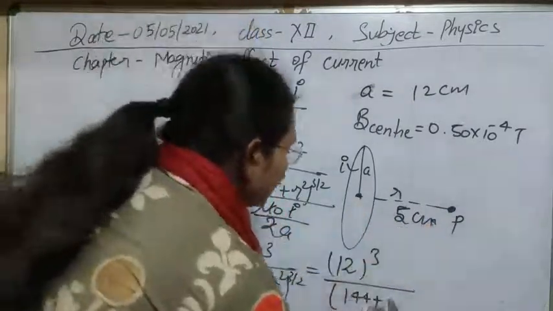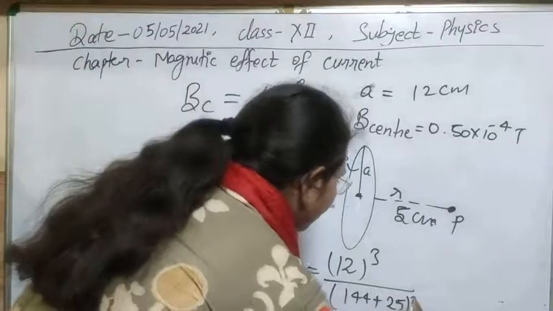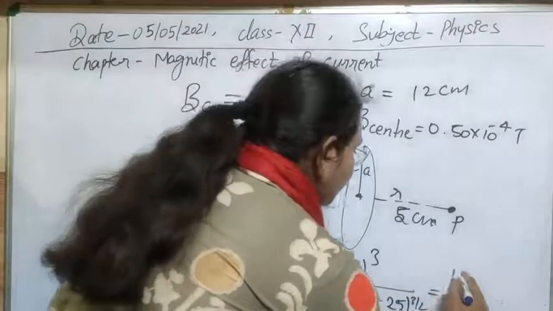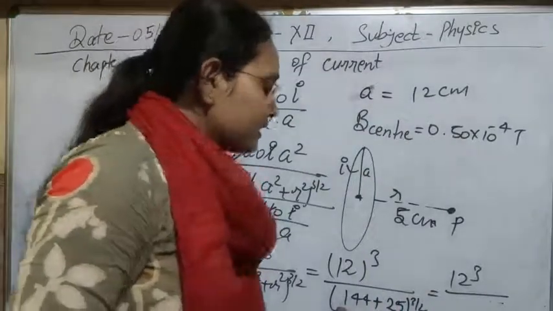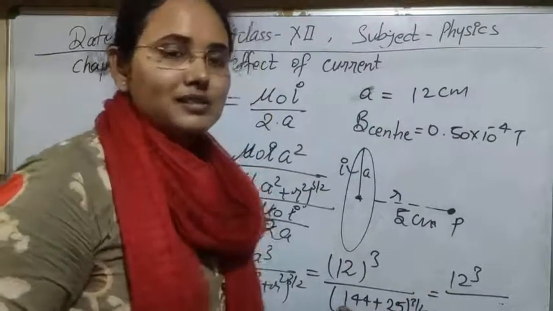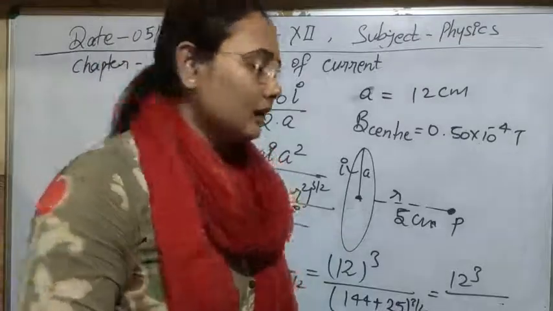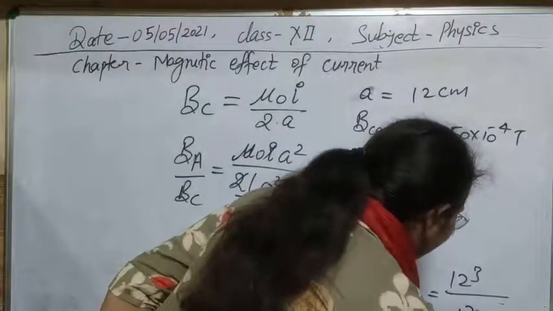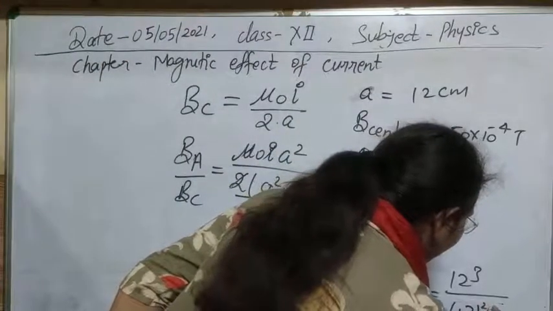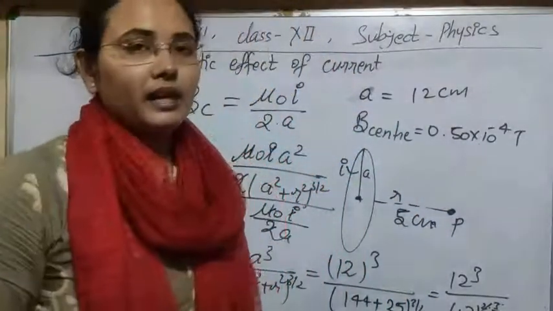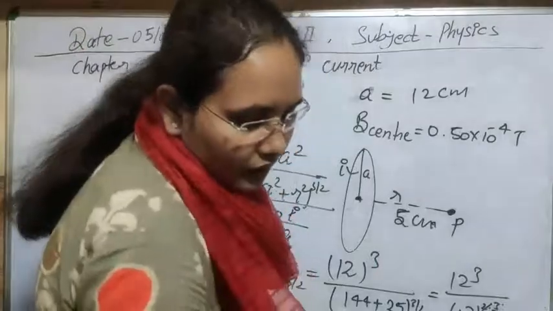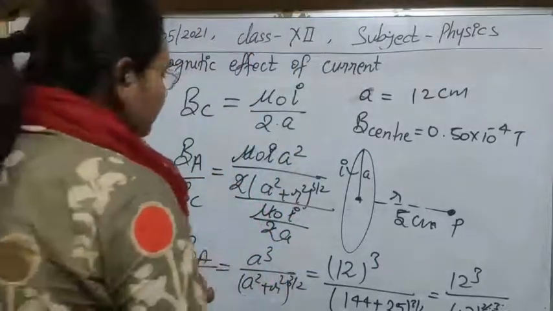This is 5 centimeter, so 25 here, power 3 by 2. So this is 12 cube upon 169, and you know that 169 is the square of 13, so we can write 13 square into 3 by 2. These two will cancel out, so we get 13 cube. So again, let's write down that value.